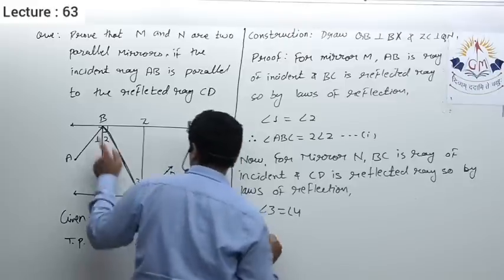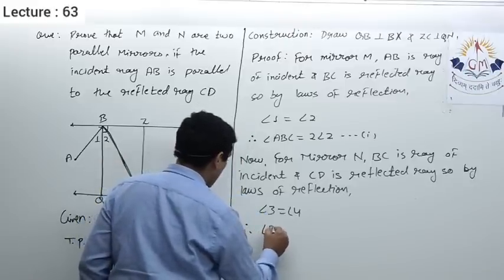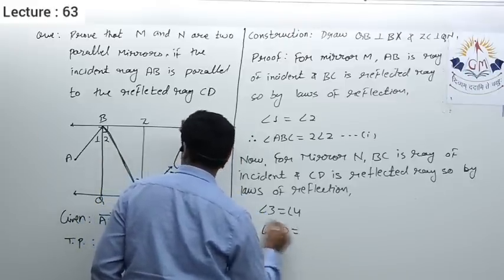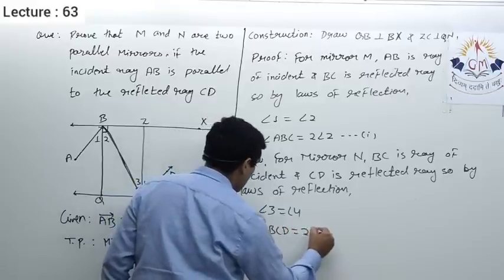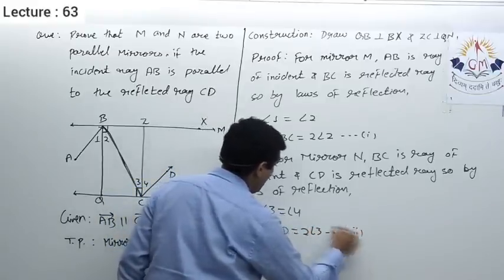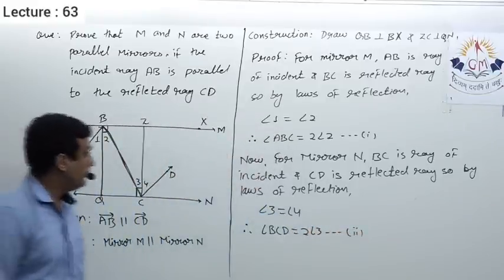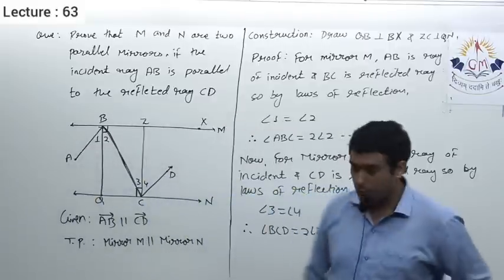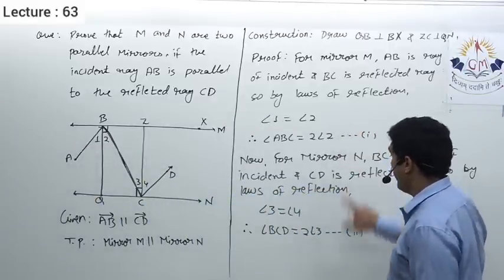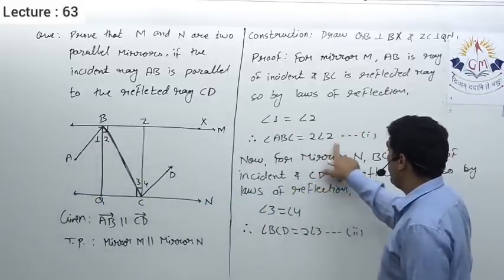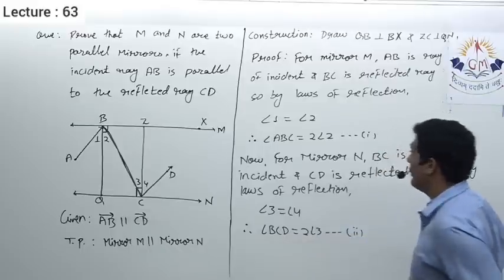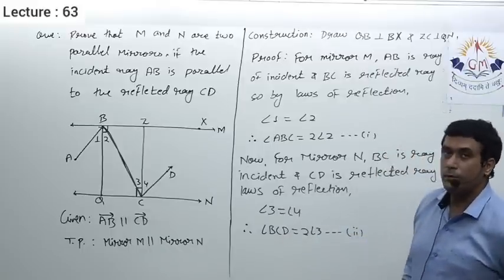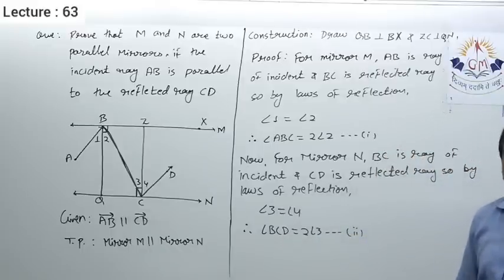Therefore, I can say angle BCD is equal to twice of angle 3. These are the two equations that we got: angle 1 equal to angle 2, ABC equal to twice of angle 2, BCD equal to twice of angle 3. So please note it down up to this point, then we'll see its further solution.